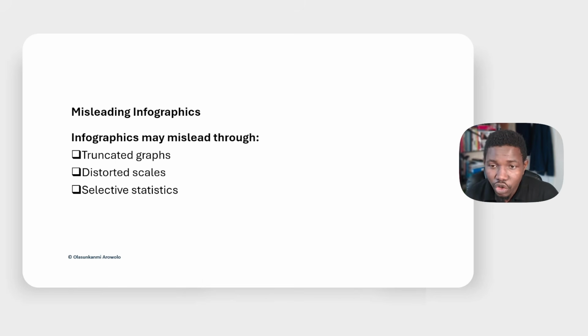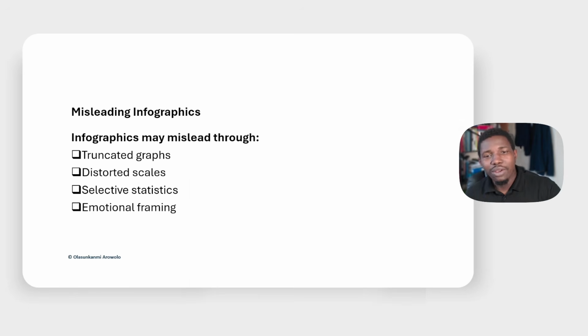Perhaps in another short video I'll provide that. When you change the scale of measure, then the numbers don't match up. That's distorted scaling. Truncated graphics means it is unclear, it's broken. And with selective statistics, you deliberately pick certain numbers because you have something preconceived that you want to influence.